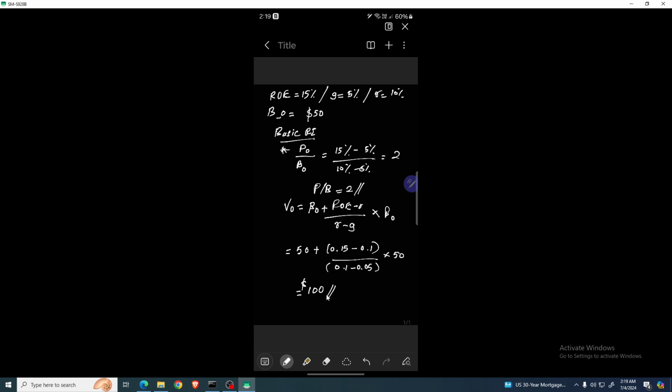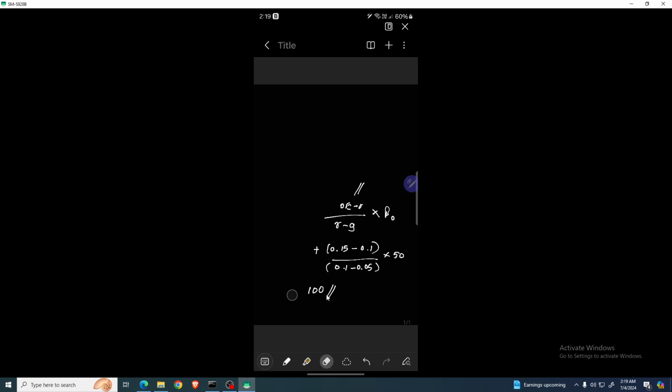So intrinsic value of the share is going to be $100. So that's a quick and easy example of how to apply these models in practical applications. A rather straightforward and easy example with all the values being provided to you, same as the one we did earlier.